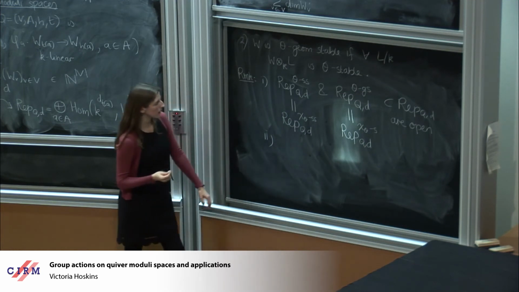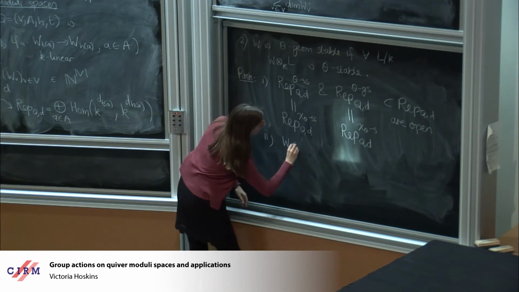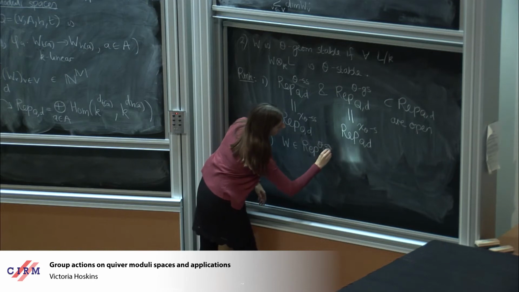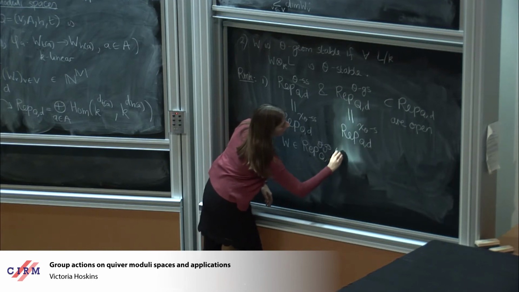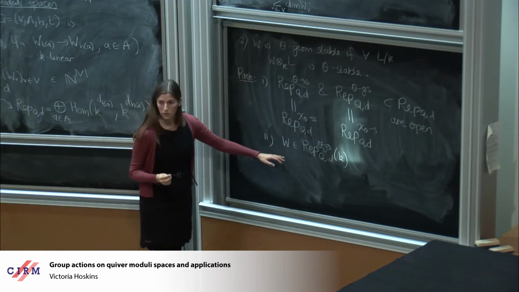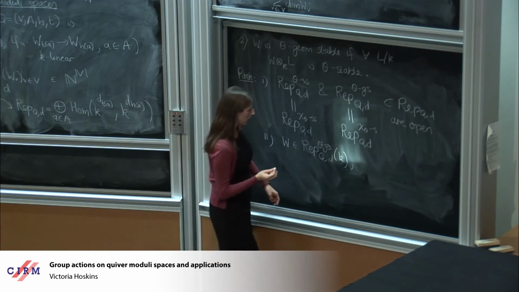And secondly, if I have a geometrically stable representation, then its automorphism group is G_m, a bit like how stable vector bundles have automorphism group G_m.